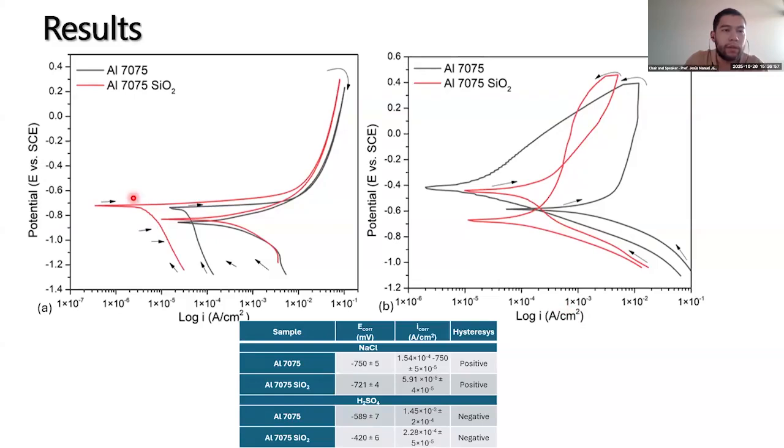Also, in sodium chloride we don't have a passivation system, so the system is completely active. For that reason, the sample doesn't present passivation. In sulfuric acid, we don't have passivation either, but the system is completely different.